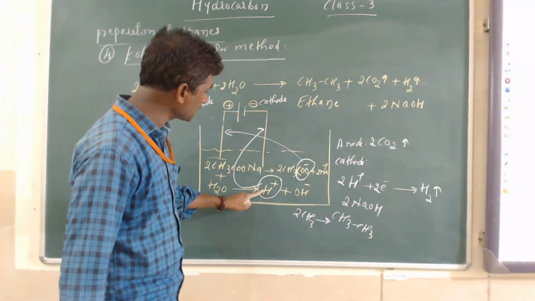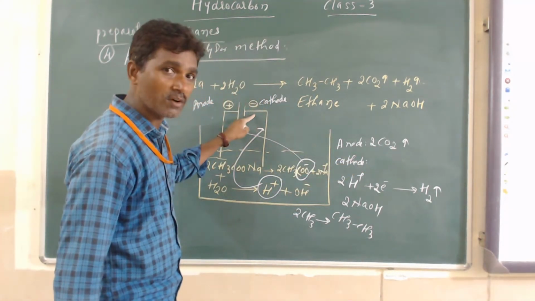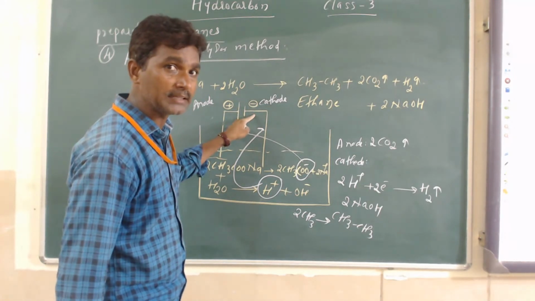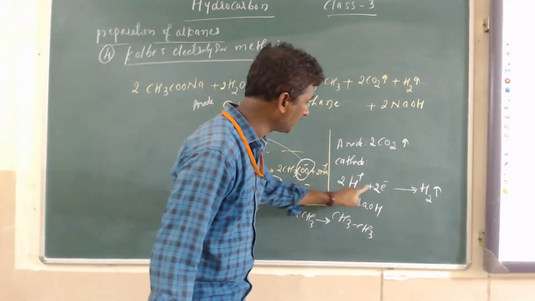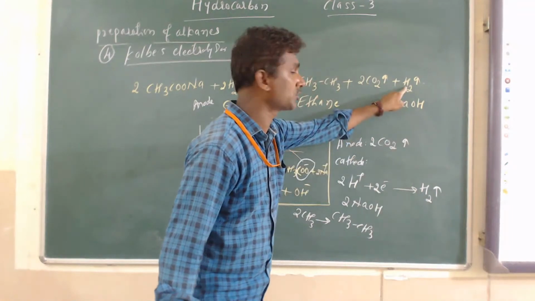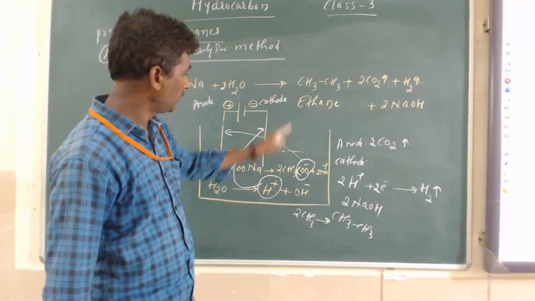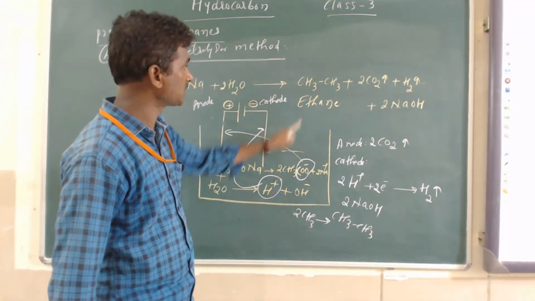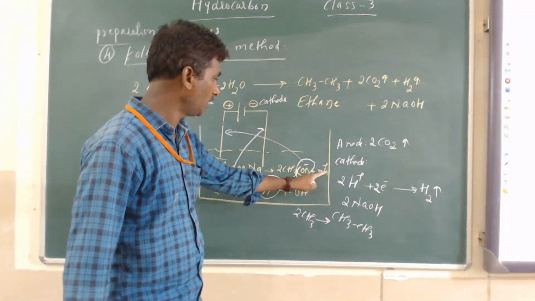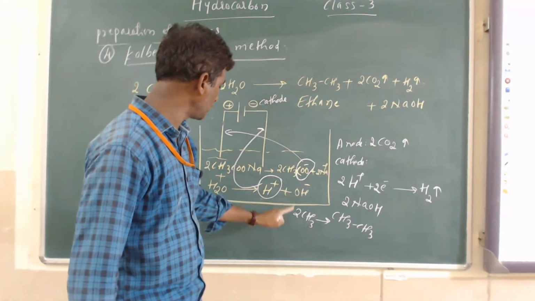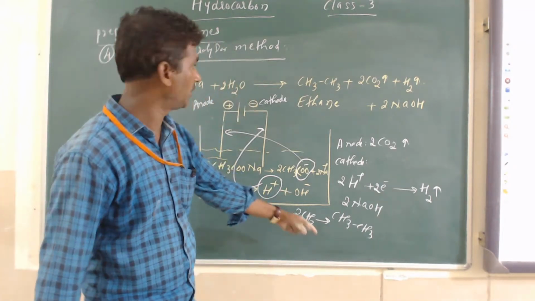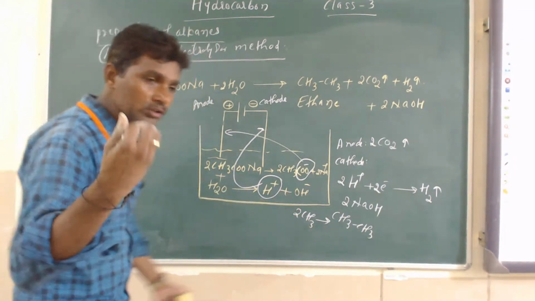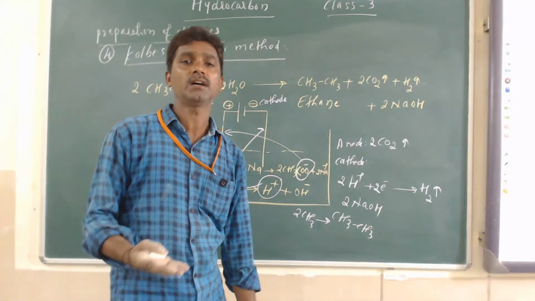Similarly, this H plus ion moves towards the negative terminal of the battery, that is the cathode. At the cathode, it gains an electron and gives H2 gas. The remaining is 2CH3, which gives CH3-CH3, and 2Na plus OH minus gives 2NaOH. So this is the fourth method of preparation of alkane.